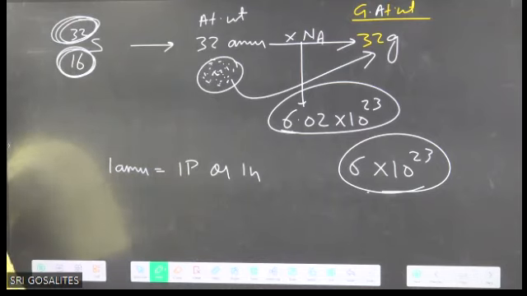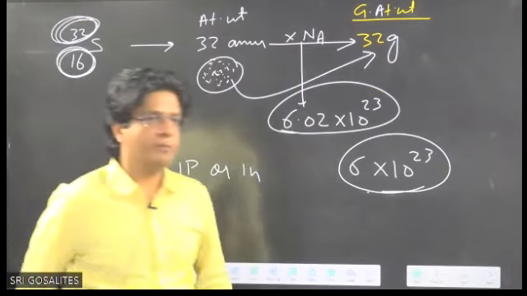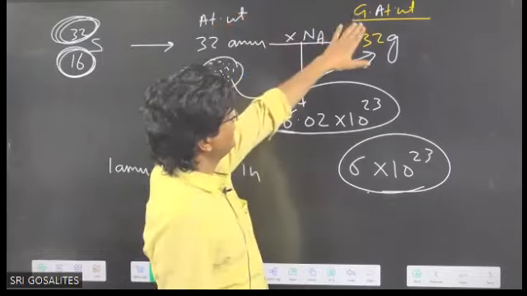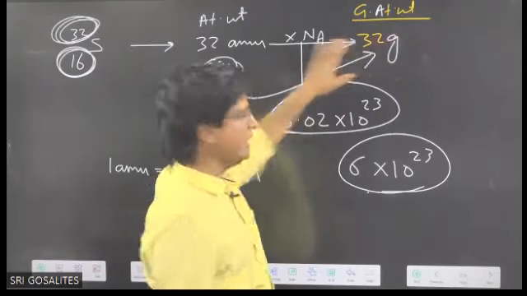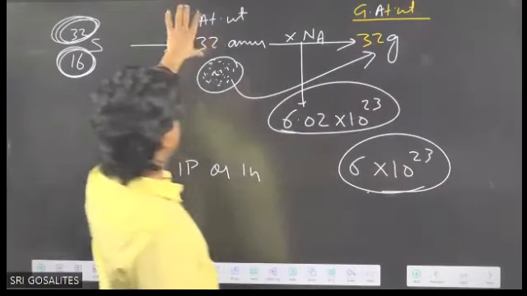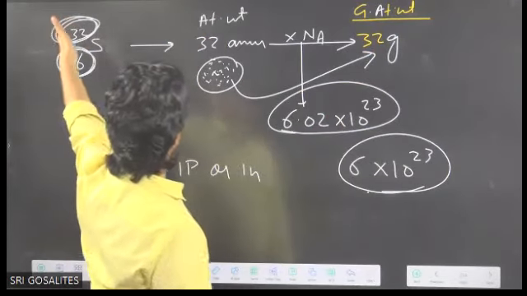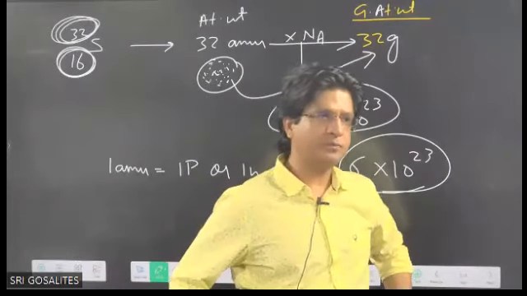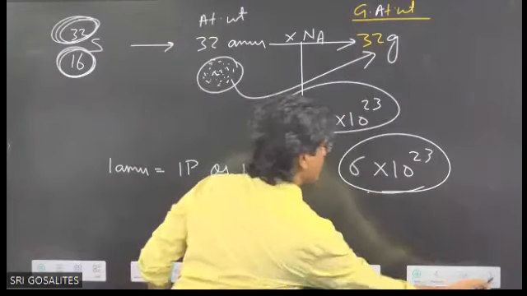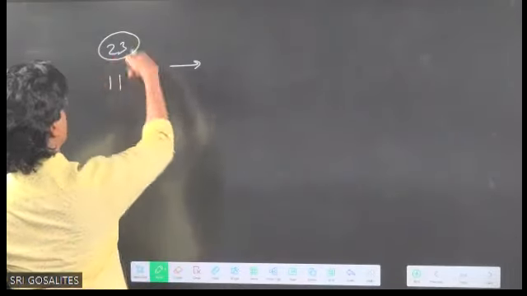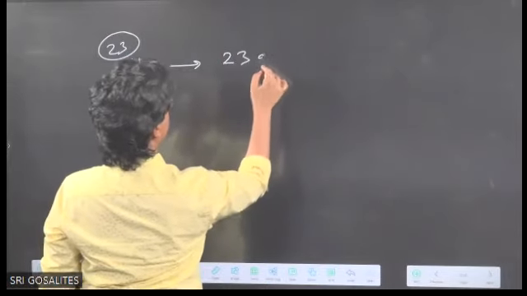Yes. You can say that gram atomic weight is mass number expressed in terms of grams. And what is atomic weight? It is basically the mass number expressed in terms of AMU. Is that clear? Now see this thing. If I take only one sodium atom, I'll get 23 AMU.